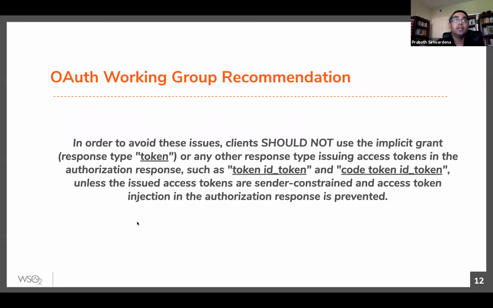This is even the OAuth working group recommendation: you should not use any token which comes in the URL fragment if the tokens are not sender constrained. But if you're using OpenID Connect, it makes these tokens sender constrained.